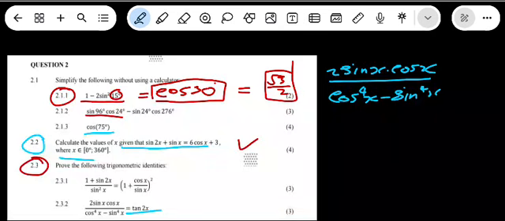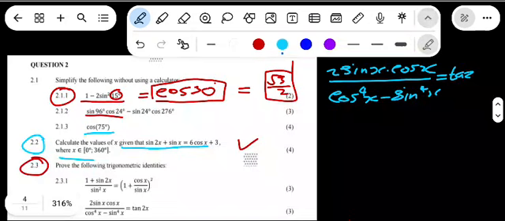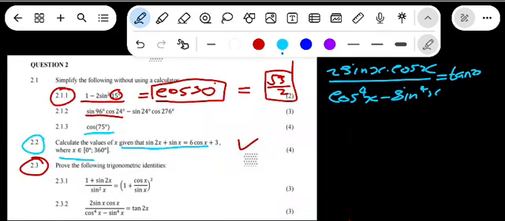They say this should be equals to tan 2x.